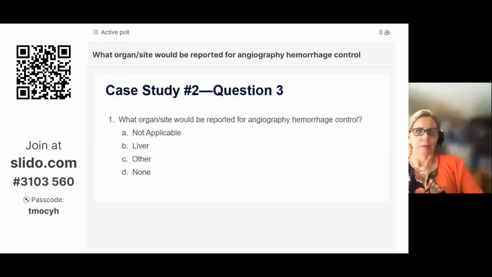What organ site would we report for angiography with hemorrhage control? Got 102 responses.